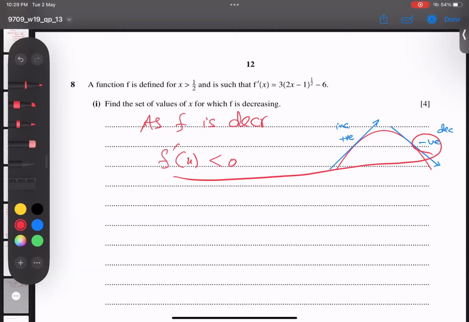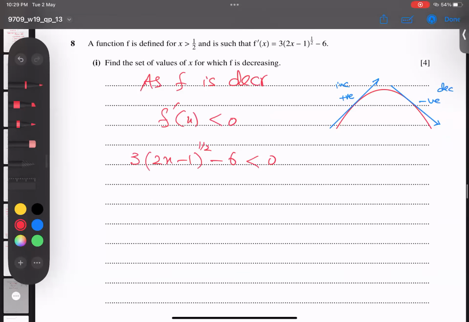So let's see how we can find the range, how we can solve it. First of all, bring the whole thing here: 3 times (2x minus 1) to the power half minus 6. For a while, you can take this as an equal sign, because the inequality is disturbing anyway.